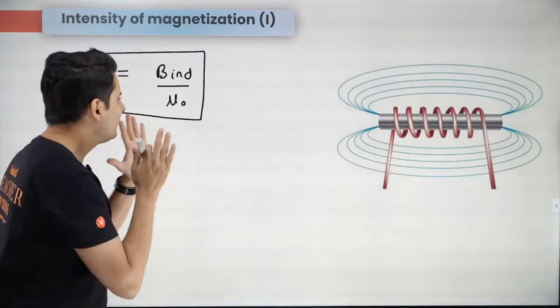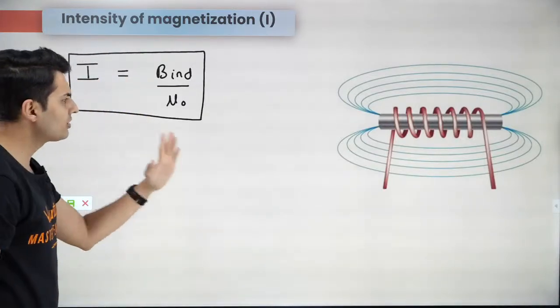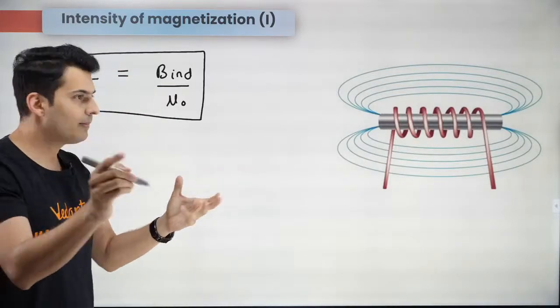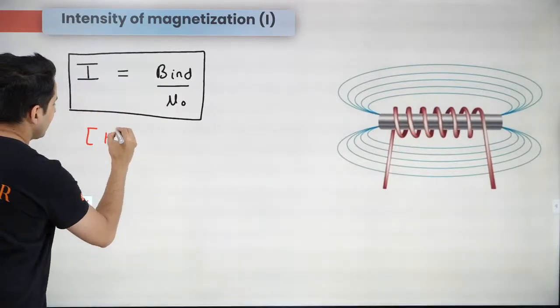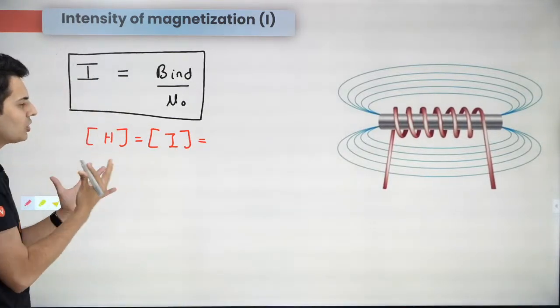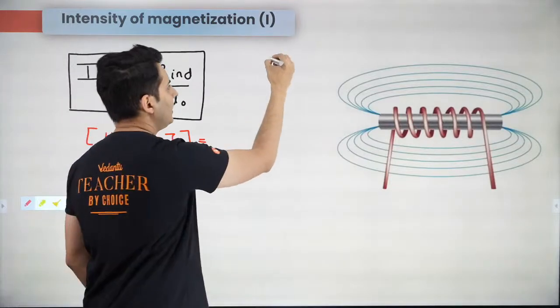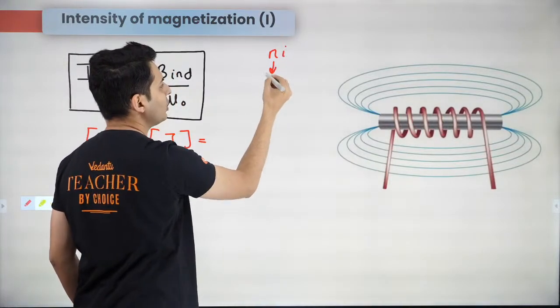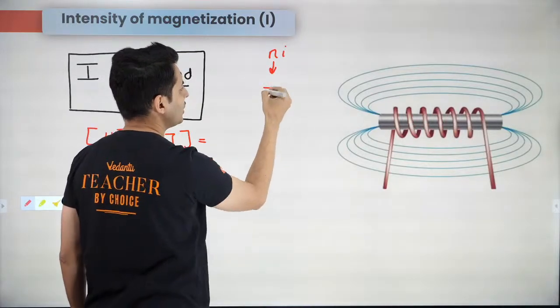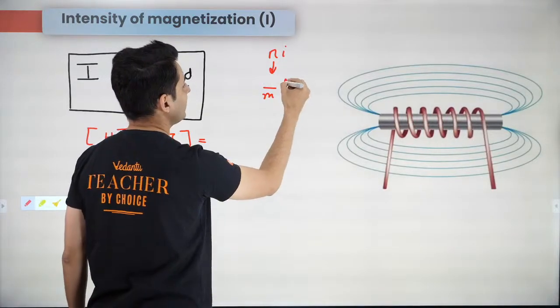And remember, we just saw that for a solenoid H was N into I. And remember, the unit of H and the unit of I is the same. And what should it be? Think about it. N into I: number of turns per unit length, that means it is per meter, and current is nothing but ampere.